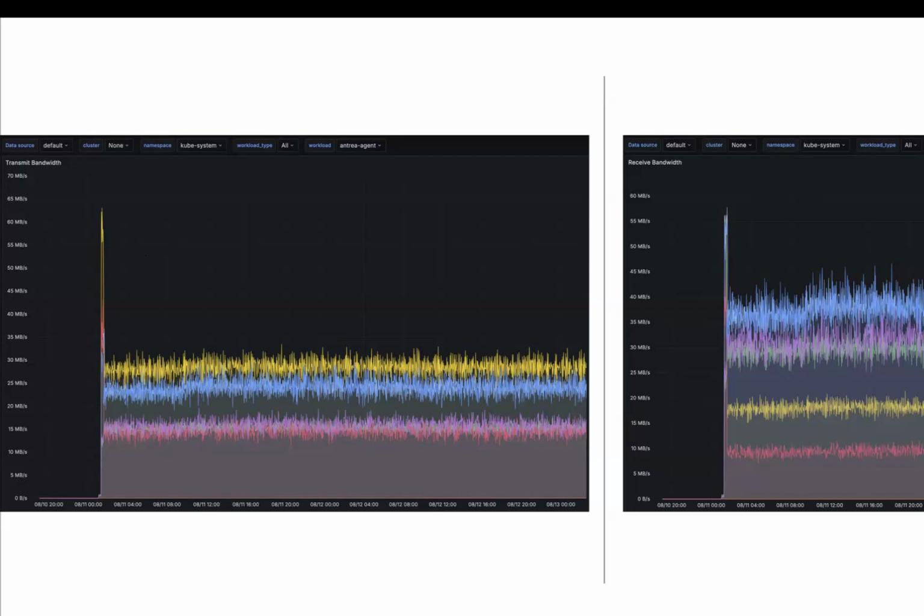Because it's the host network, if this belongs to the host network, these metrics for the Antrea controller and Antrea agent may not make a lot of sense, because they are not really related to the component itself, unless this is traffic generated or received by the process.